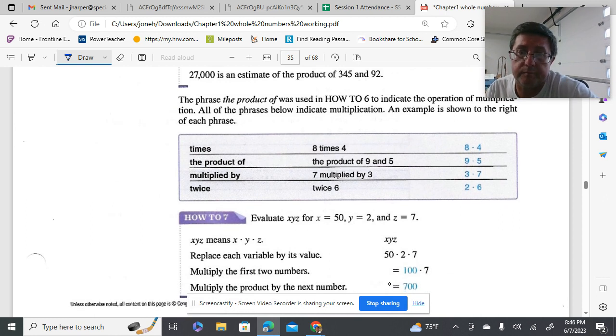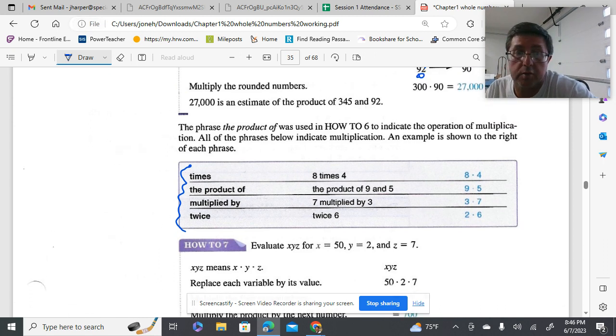Okay, so next, these are some ways that you know that something's going to be multiplied. It says the phrases, the product of, was used in how to 6 to indicate the operation of multiplication.